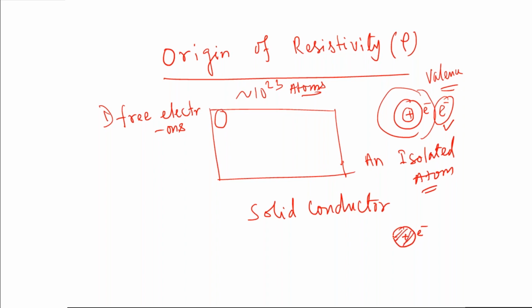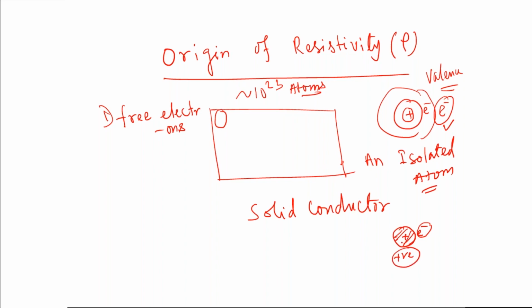All the inner electrons will be strongly attracted by the nucleus, so as a whole they act as a separate entity, and the nearly free electron in a conductor acts as another separate entity.